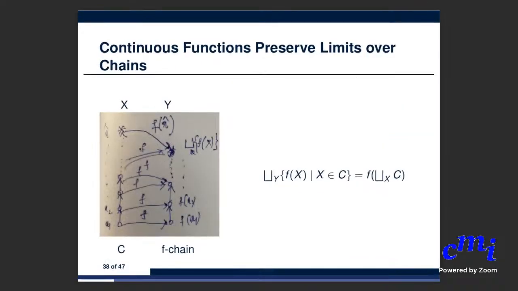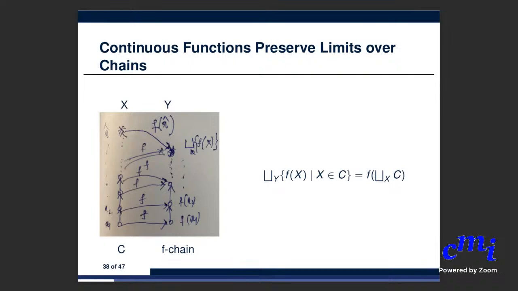And that's what this picture shows. This is a chain in the X domain, and f is monotonic, and therefore if it's an ascending chain here, it also has to be an ascending chain there. And this is the least upper bound in this case.